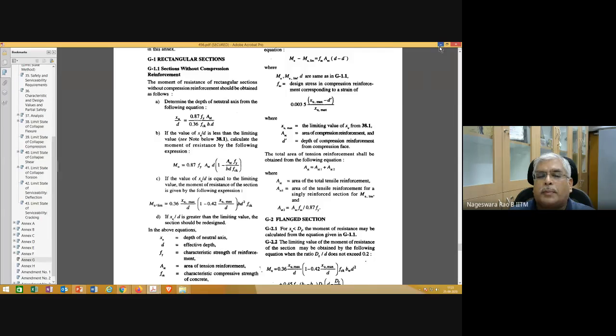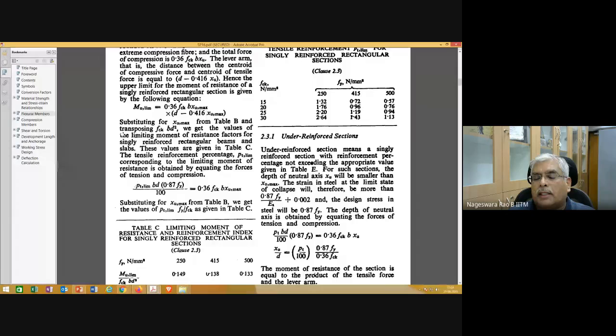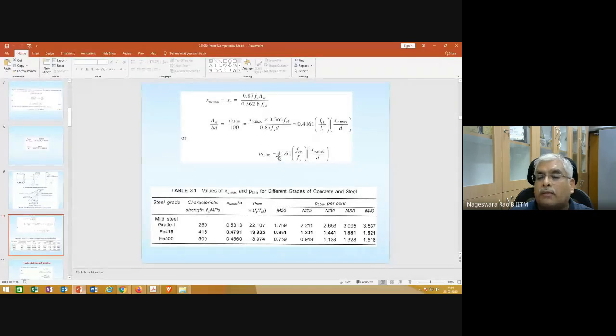Now let's go to SP16 once again. Just now I told you to make a note of the limiting value of the percentage of tensile steel for a balanced section: pt is equal to 41.61 fck divided by fy times xu max divided by d.